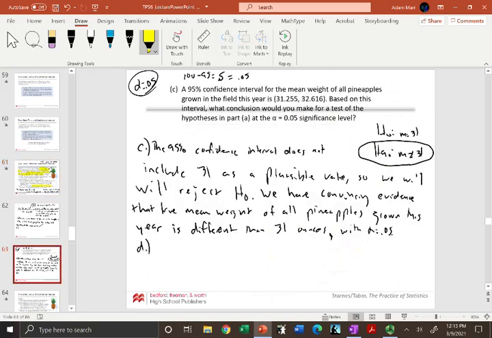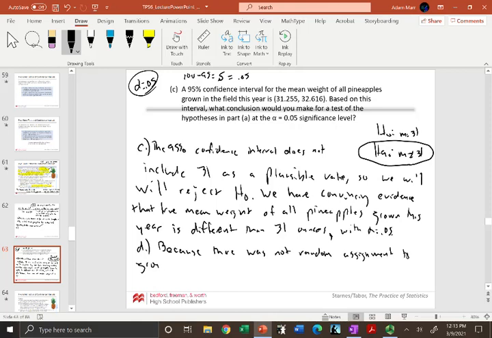So in this case, what we're going to say is, because there was not random assignment to groups, that just means there was no comparative experiment. We cannot establish cause and effect.